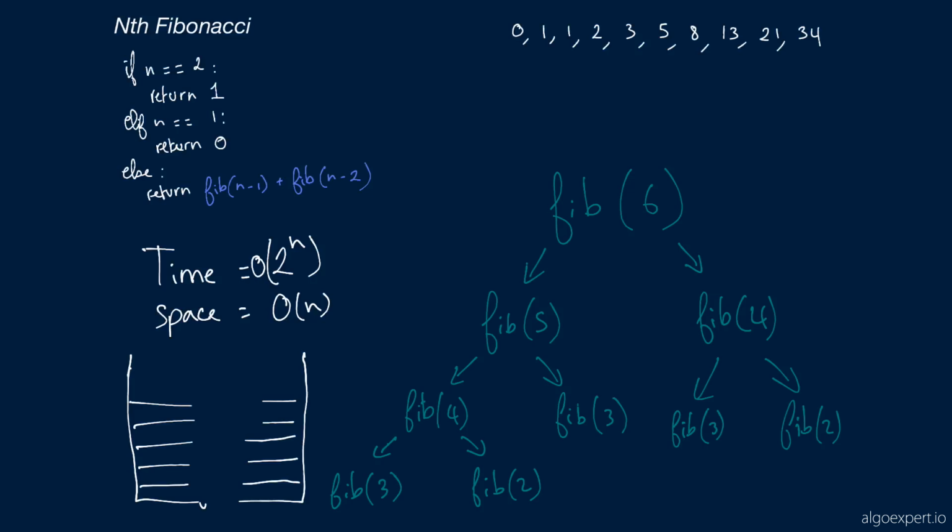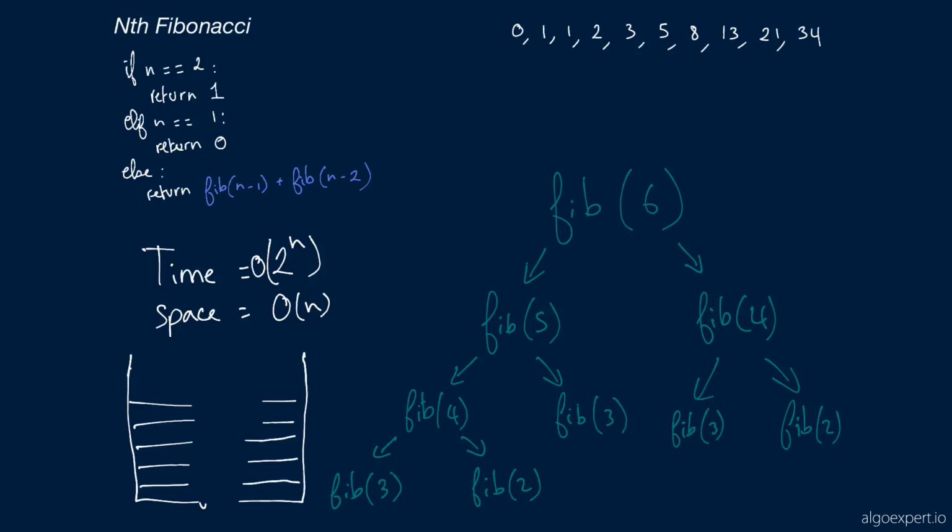The point is, during the entire algorithm's lifespan, we have at most n function calls on the call stack. Beyond that, we start hitting base cases and we start clearing up the call stack.